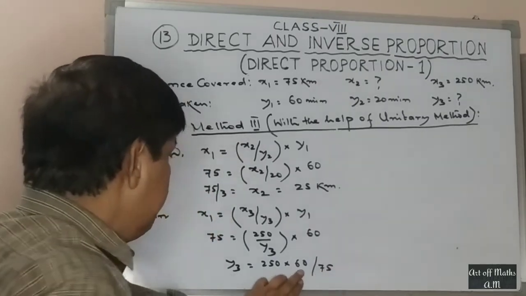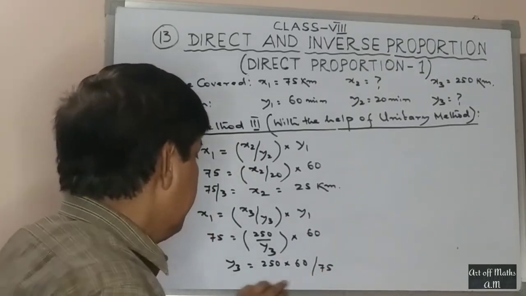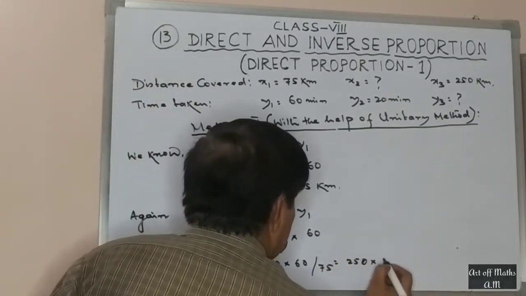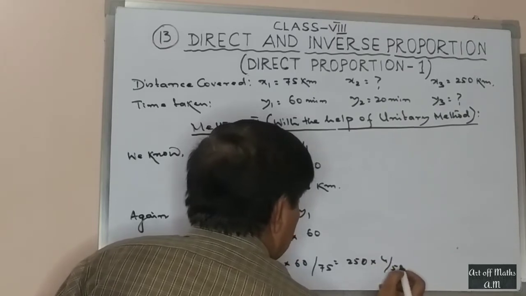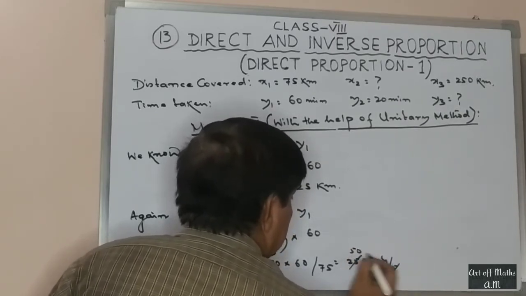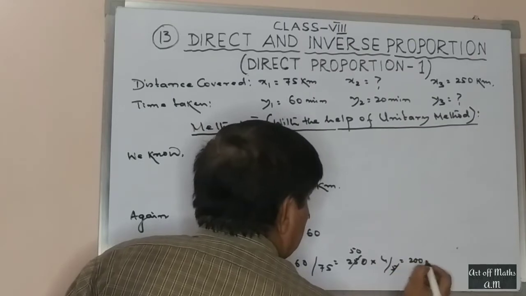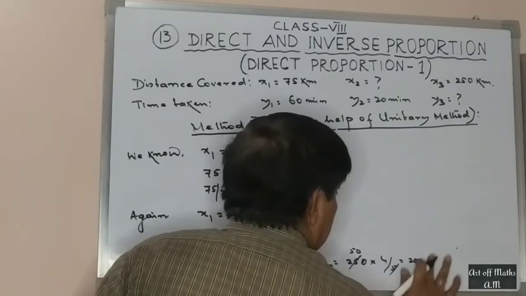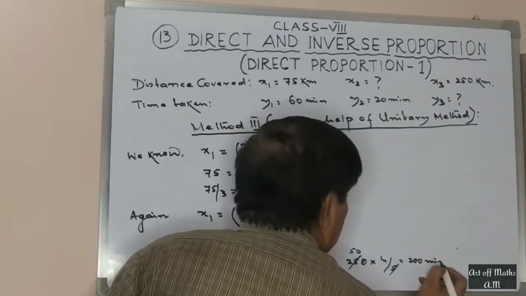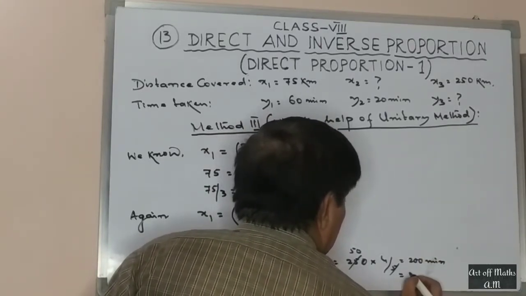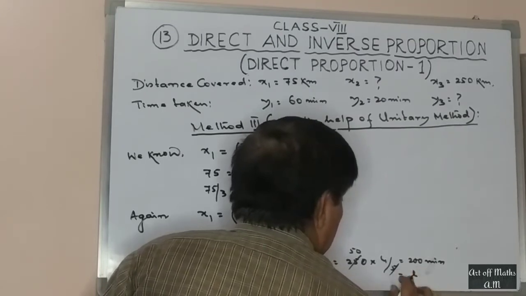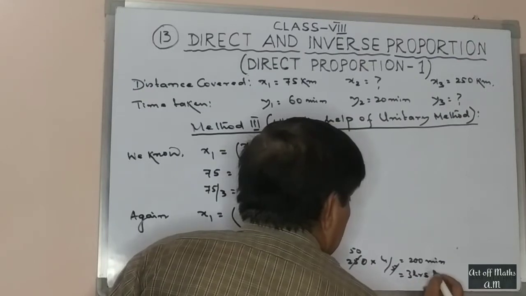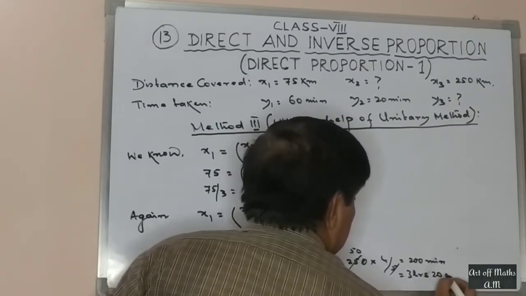Here we have 4 divided by 5, that means 250 into 4 divided by 5, 50, that means 200 minutes, or 3 hours 20 minutes.